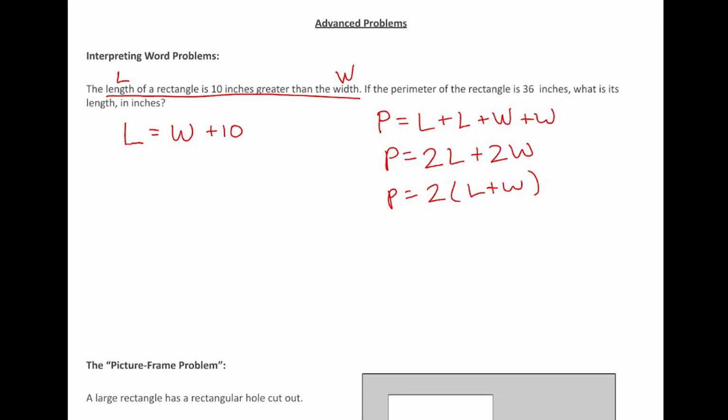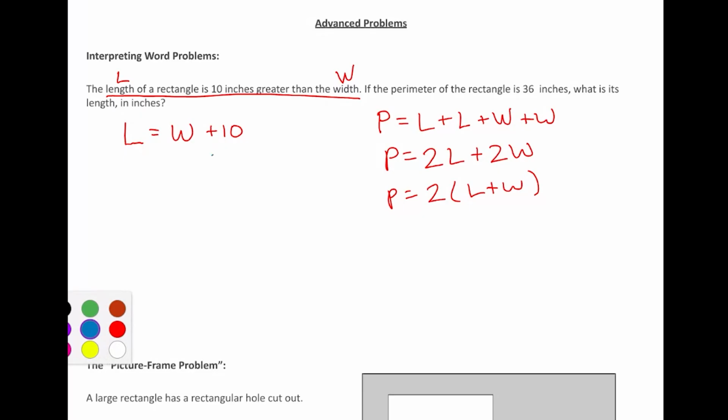Now we have the length in terms of the width, but what we really need is the width in terms of the length, so that we can solve this perimeter problem for the length. So first, I'm going to rewrite this equation for length so that it's for width in terms of the length.